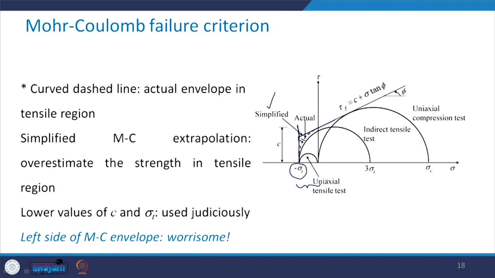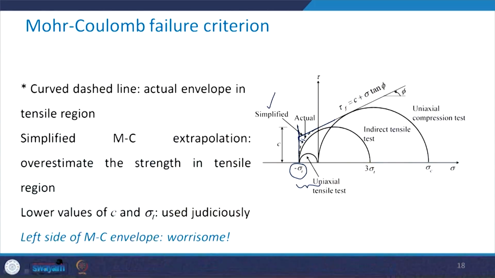So, one needs to be careful about this issue, because whatever you get from the Mohr-Coulomb failure criterion, which has been extrapolated in the tensile zone, you are going to get better strength characteristics because it is overestimating the strength.